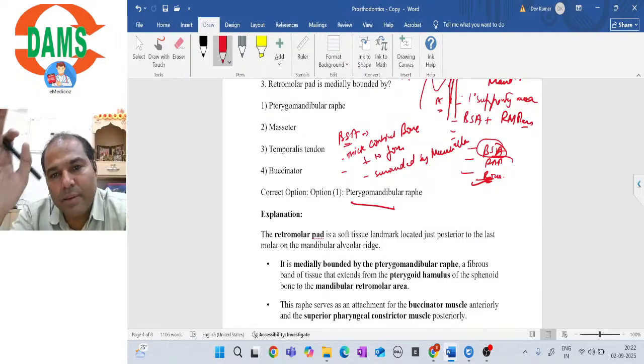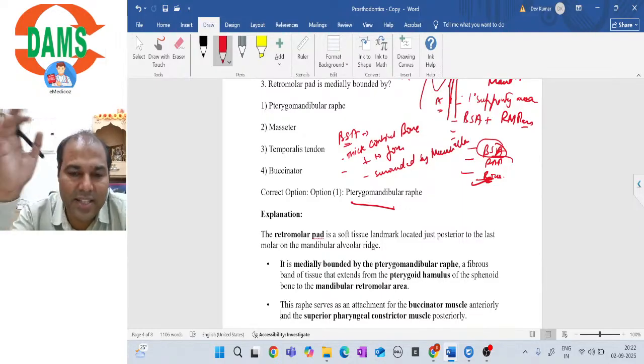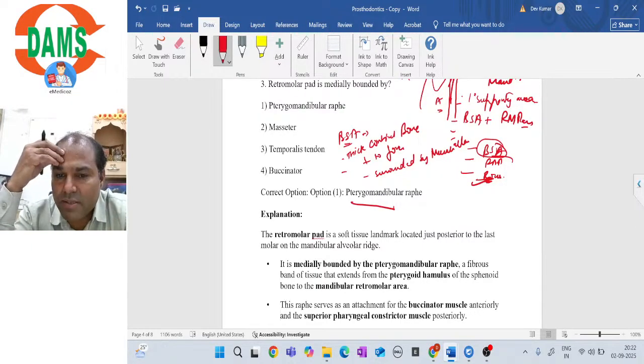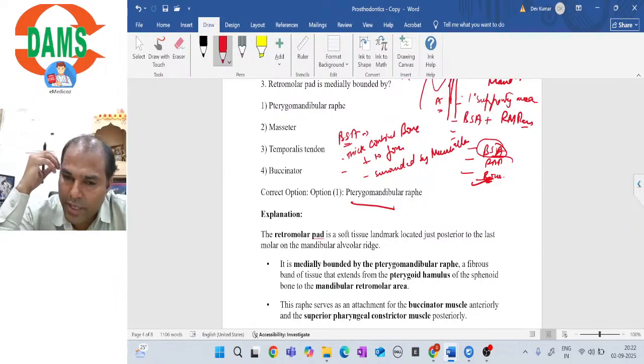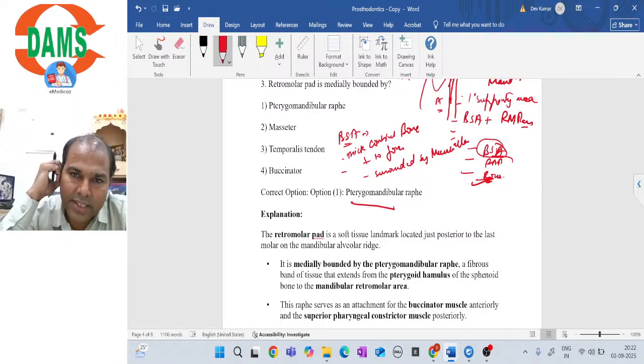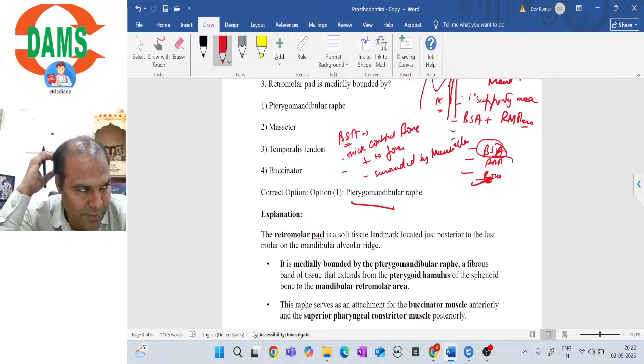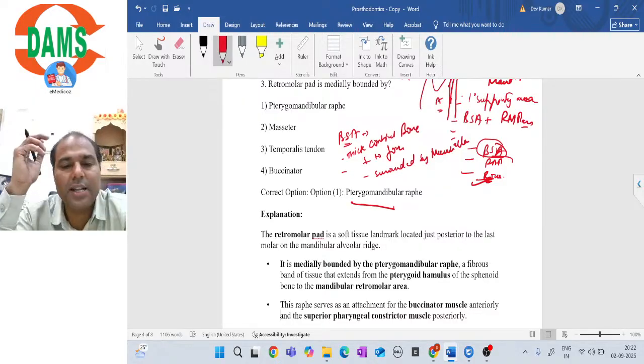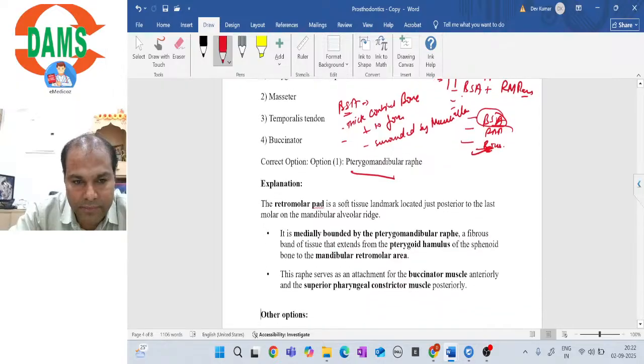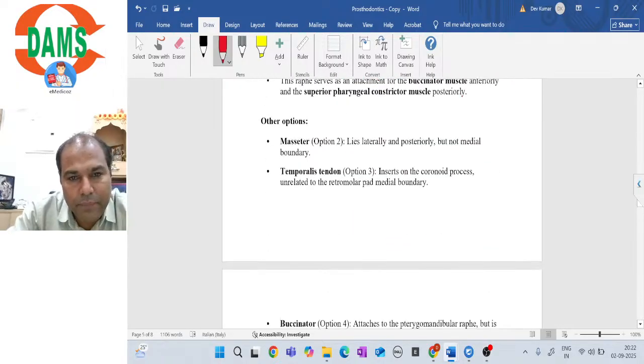Remember this raphe serves as an attachment to the buccinator muscle anteriorly, and posteriorly to the superior pharyngeal constrictor muscle. As I said, masseter lies laterally and posterolaterally.